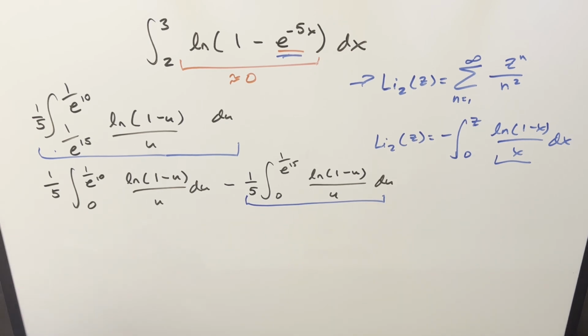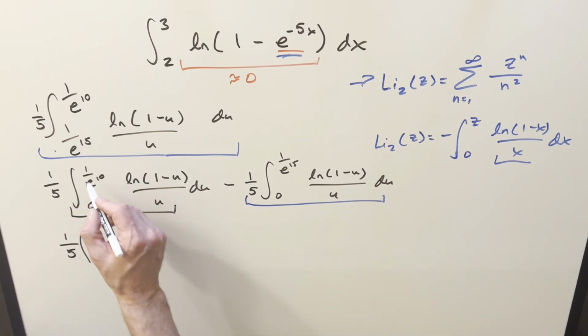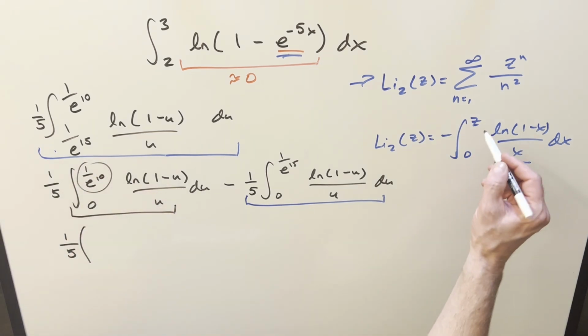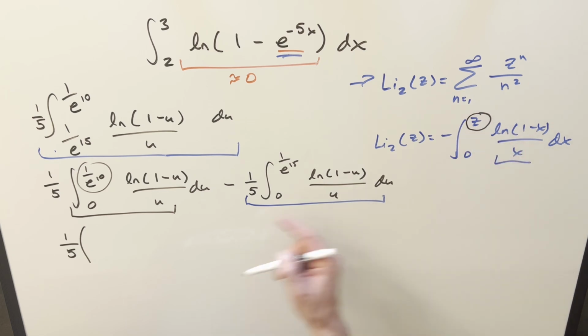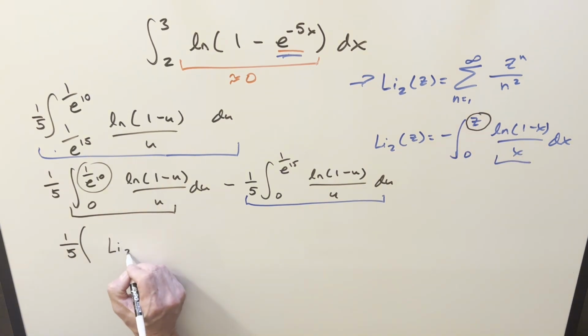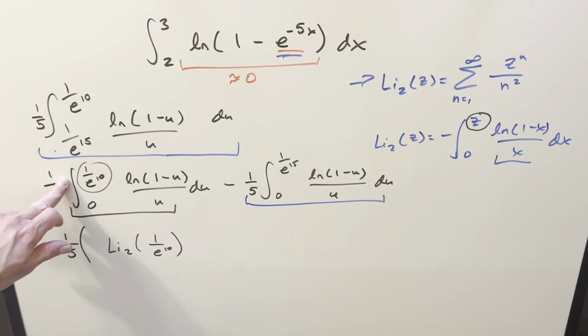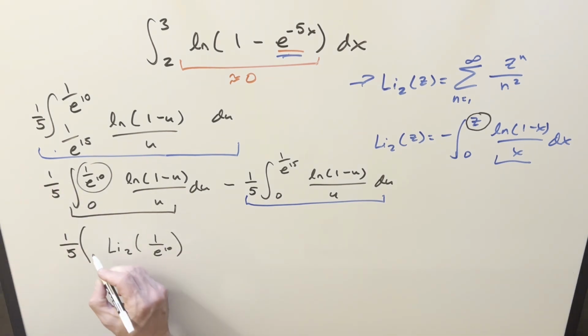We've got the 1/5 in common. Let me just write it as 1/5 in front. Then for this piece right here, it's going to be dilogarithm of this. Notice the input is just the upper bound here, as long as we've got 0 for the lower bound. So this is going to be just dilogarithm of 1 over e to the 10. But because we don't have a minus sign on this one, we just have to change the sign here.